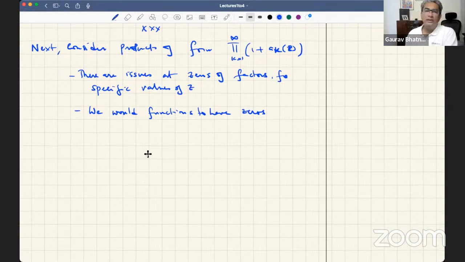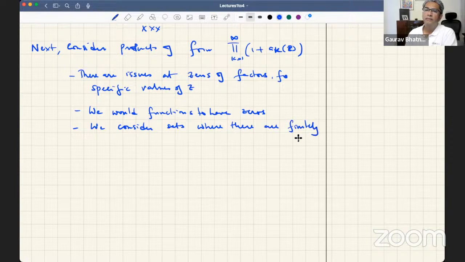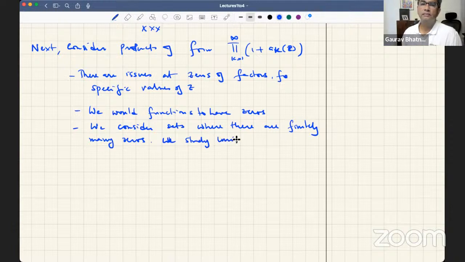So we usually consider sets where there are finitely many zeros. And so obviously they don't have a limit point. And we study uniform convergence in regions.